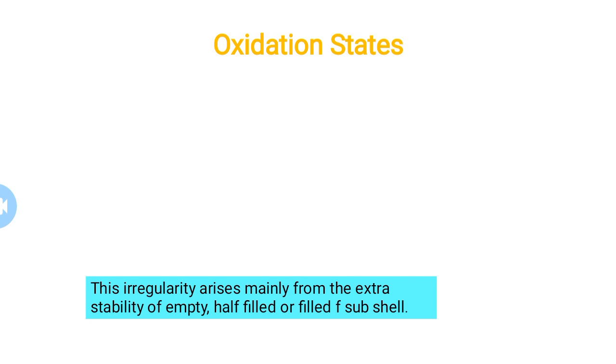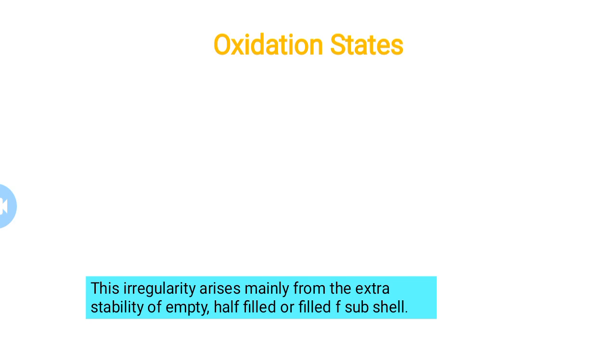But some lanthanide 2+ and 4+ ions possess f0, f7 and f14 configurations, corresponding to empty, half filled and fully filled f subcells.